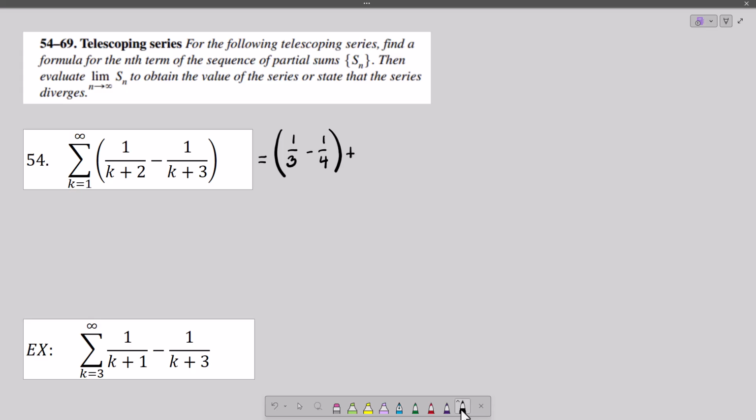Second term, we plug in a 2, and we get a fourth minus a fifth. So let me put the k values down here. So I plugged in a 1, then plugged in a 2. Now we're going to plug in a 3. Plugging in a 3, we get a fifth minus a sixth.